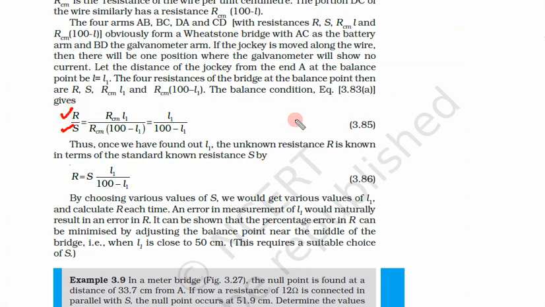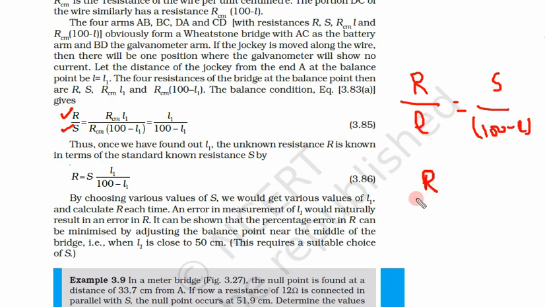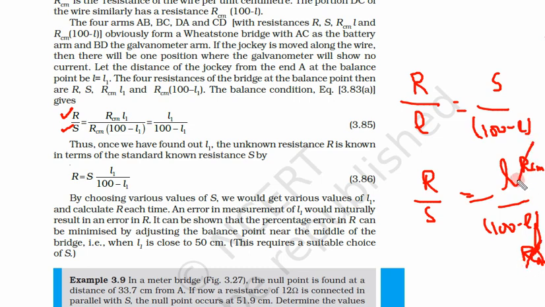What I did was R upon L is equal to S upon 100 minus L. What they did is R upon S is equal to L here, 100 minus L here, and RCM was already there because this must also be a resistance. So RCM and RCM get cancelled. So R upon S is equal to L1 upon 100 minus L1.